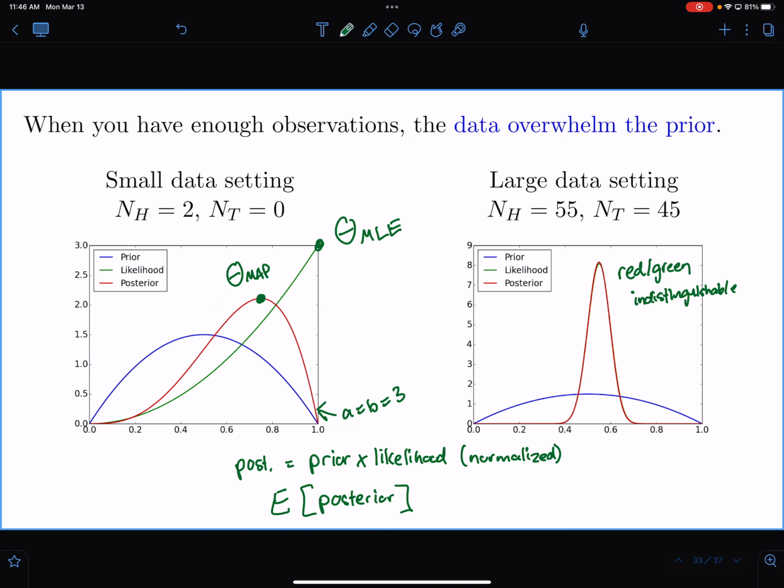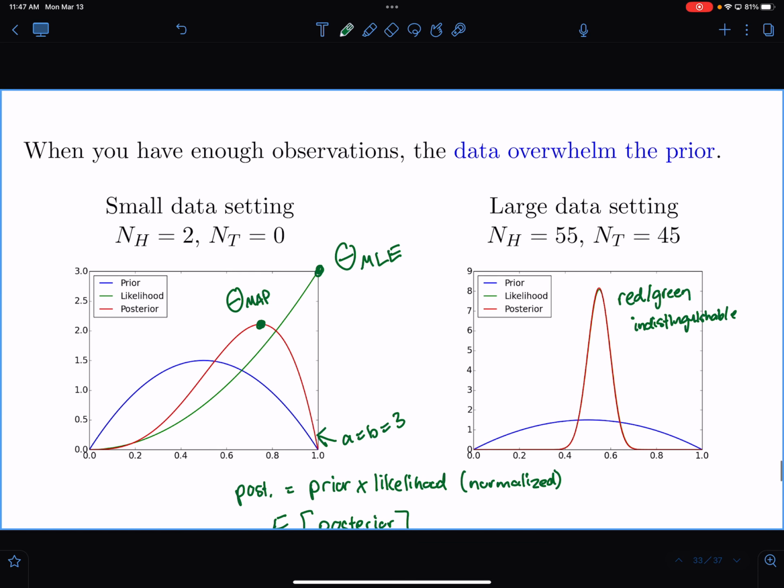So if you have a lot of data, the likelihood is going to overwhelm the prior. That's a term statisticians often use. And if you're making a prediction, you almost just look at the data. So basically what this means is in the limit, as you get more and more data, you're gradually going to forget your prior because the probability coming from the data is so large. So the red and green are the same on the right-hand side, but they're very different when you don't have many data points.